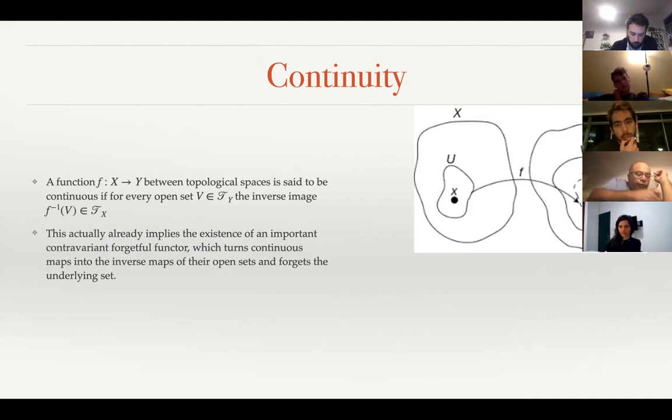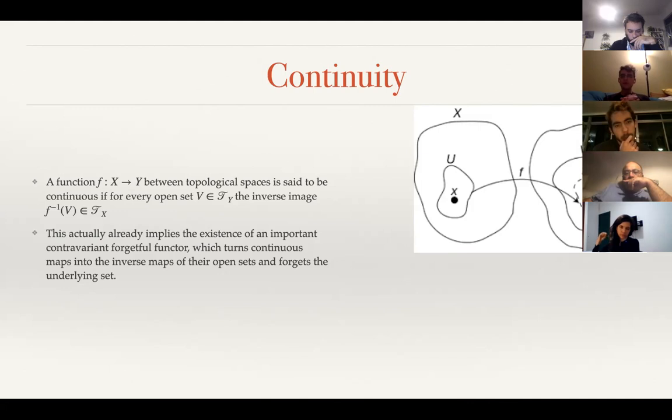The idea is that no matter what choice of neighborhood in the codomain, you're always going to have an open set which is able to be inside of it. If you move a little bit in a continuous function, the image is only going to move a little bit.